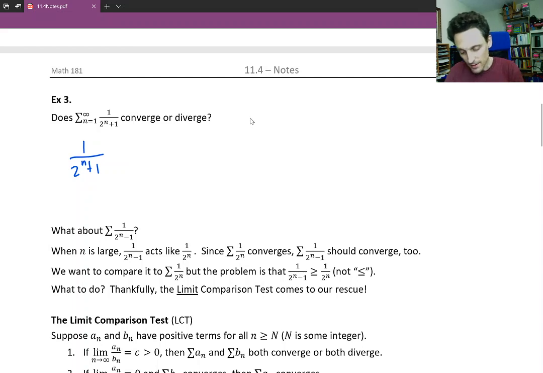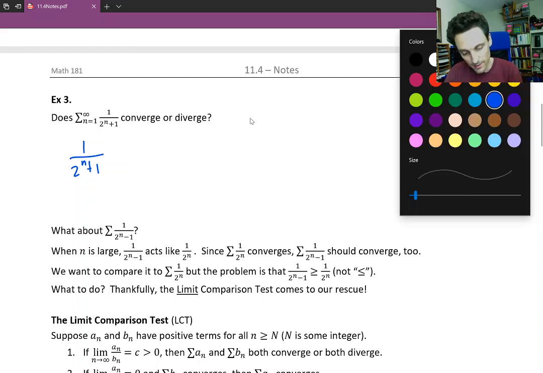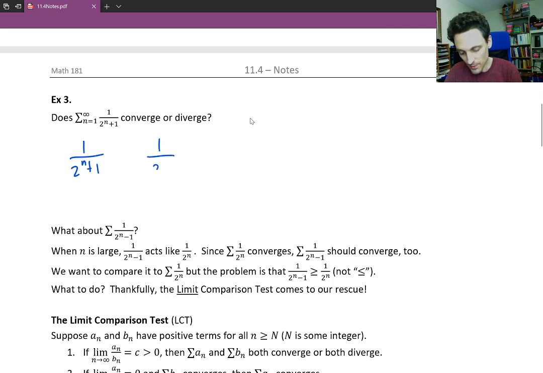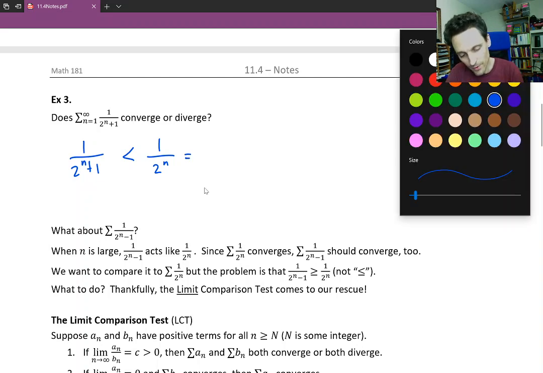And so here we're going to look at comparing this to 1 over the leading term of the bottom, which is 2 to the n. Here we're subtracting from the bottom. If you make the bottom smaller, that's going to make the overall fraction bigger. And in fact, that's pretty much what you're comparing it to. I'm going to write it in one more step.